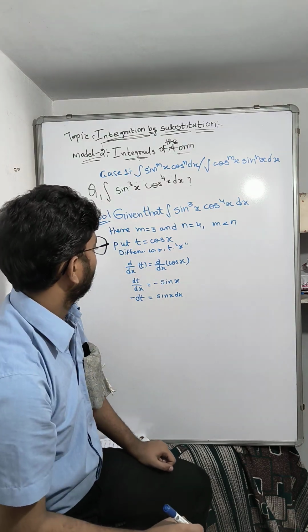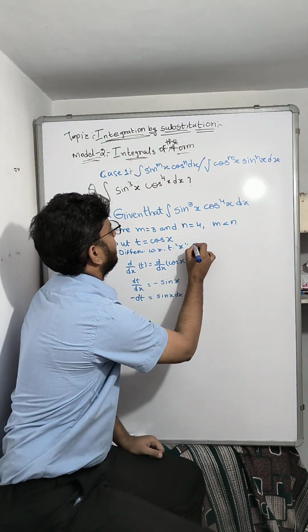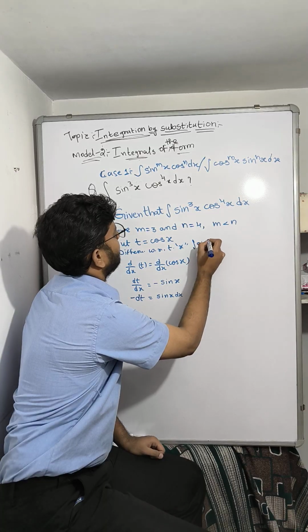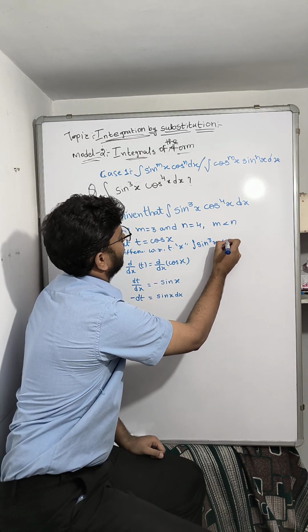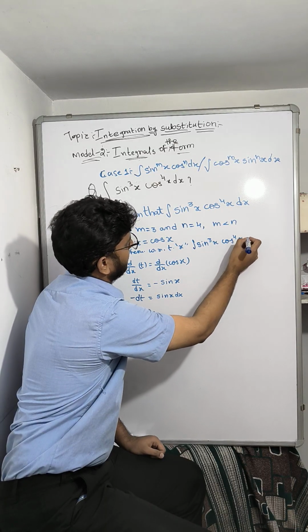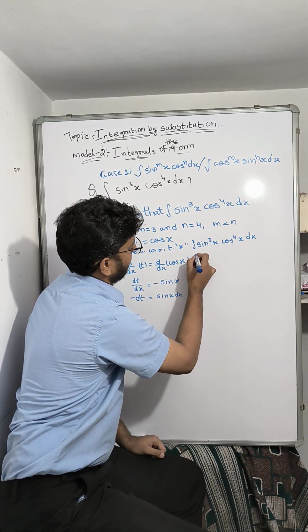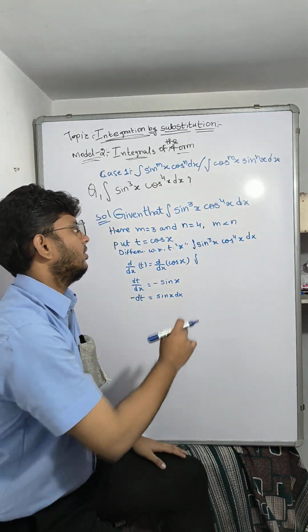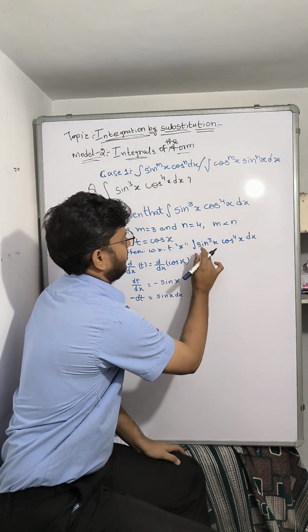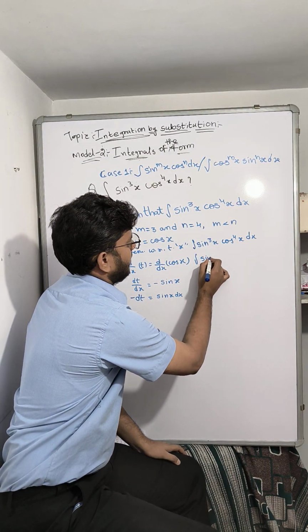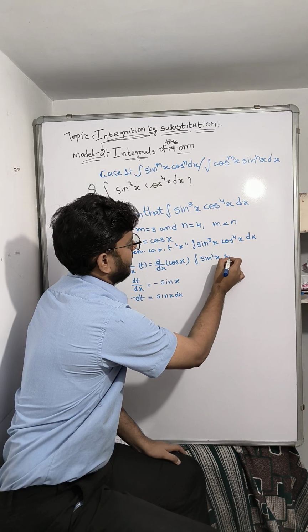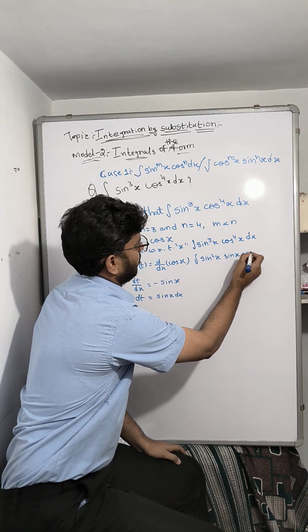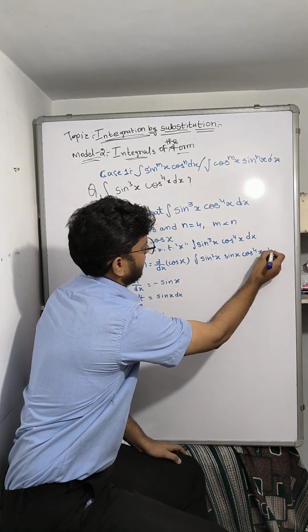Now come to this one, integral sine to the power of 3x cos to the power of 4x dx. We know that t is equal to cos x. Now we can split this into sin square x sin x cos to the power of 4x dx.